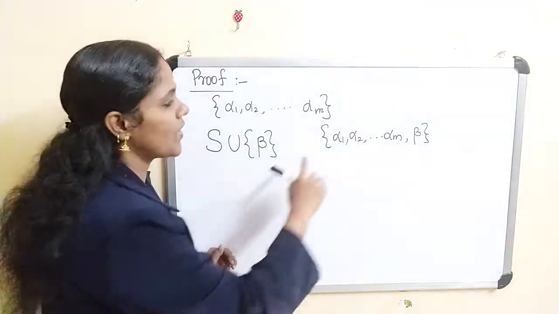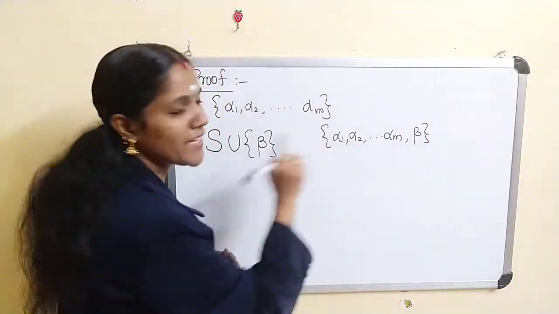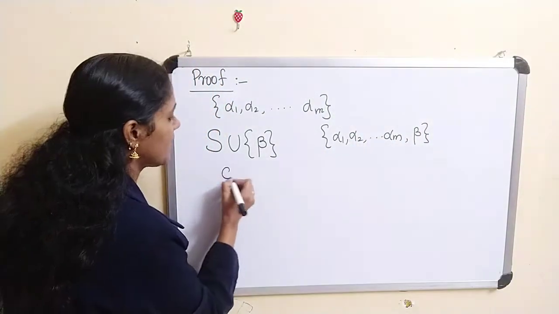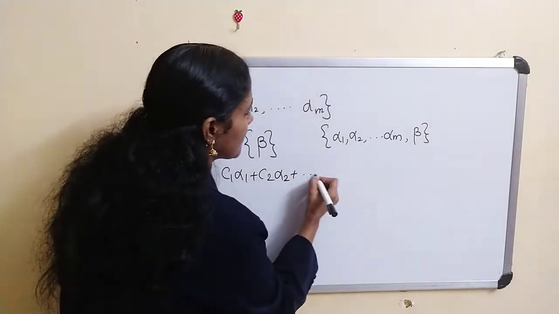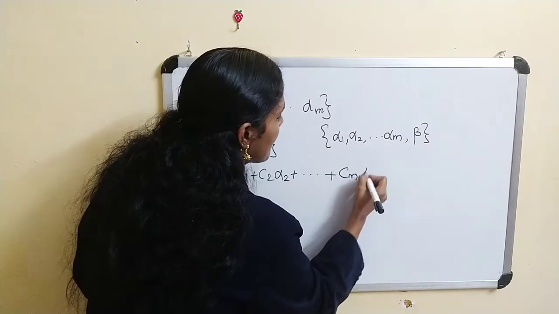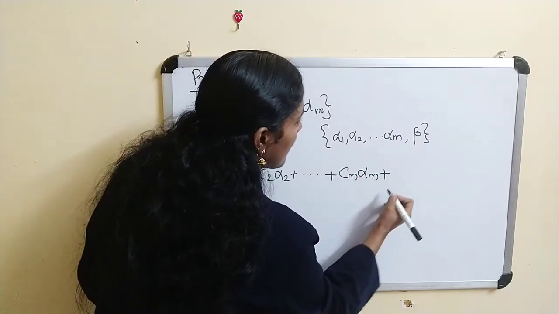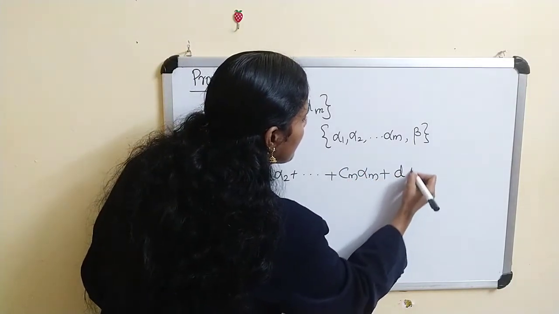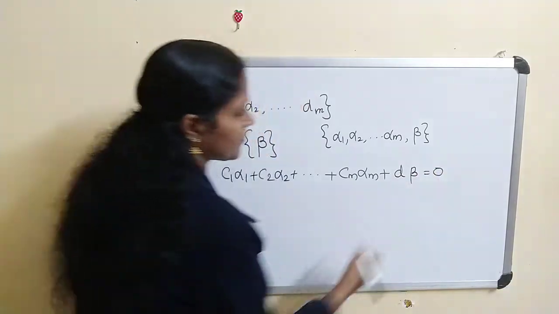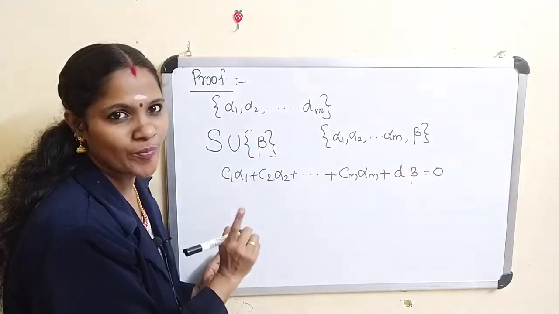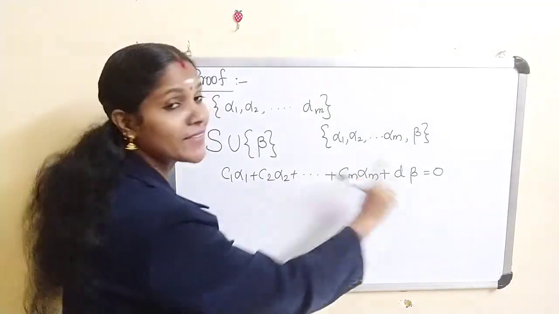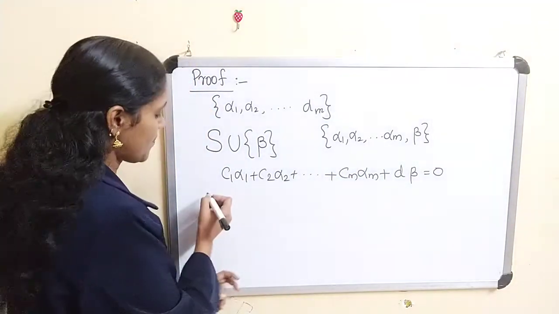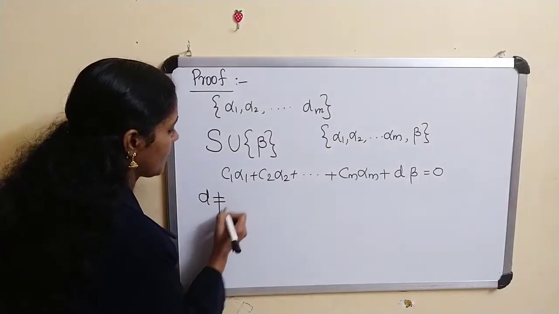Now we have to check whether this set is linearly independent. Suppose C1 alpha 1 plus C2 alpha 2 plus etc. plus Cm alpha m plus d beta equals 0, a linear combination equal to 0. We have to prove that this implies Ci equal to 0 and d equal to 0. Suppose d is not equal to 0.